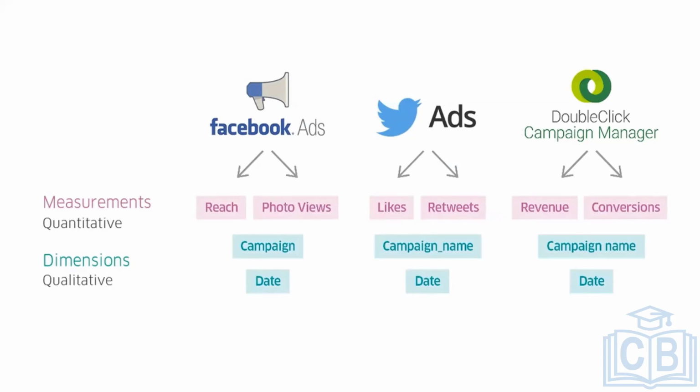However, dimensions are qualitative metrics which define the qualitative aspects of the data, and they help us quantify the measurements better based on the qualitative attributes that they provide us with.